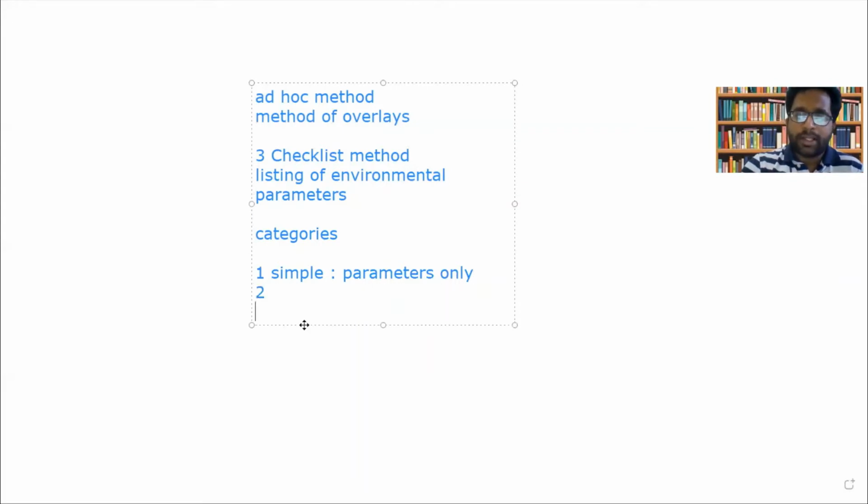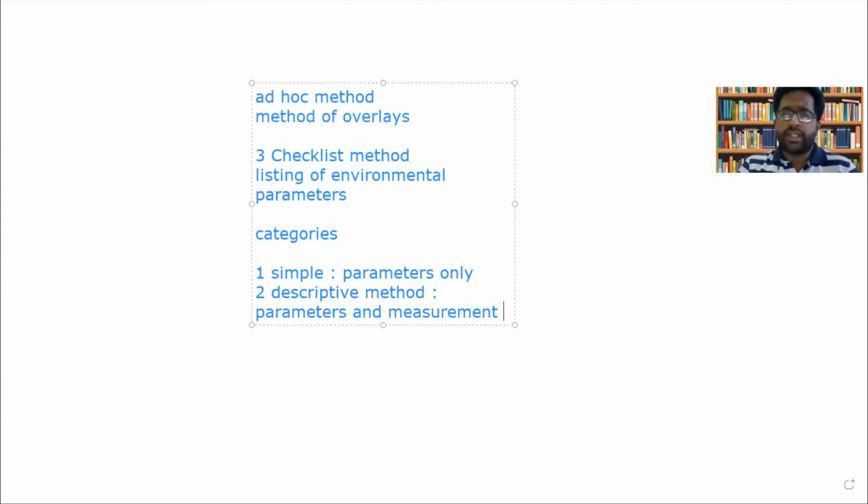The second method is somewhat advanced. It is known as a descriptive method. So in simple method, only the listing of parameters was done. In case of descriptive method, the parameters are listed and also the measurement of parameters is done. For example, we have seen that air pollution is a parameter under consideration in the first category, in the simple method.